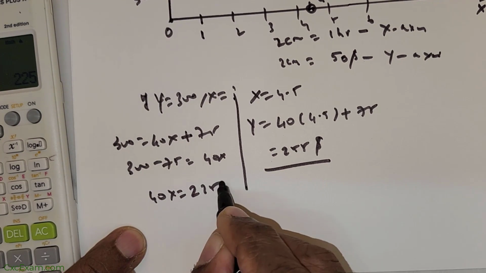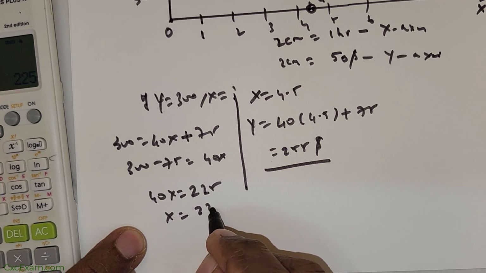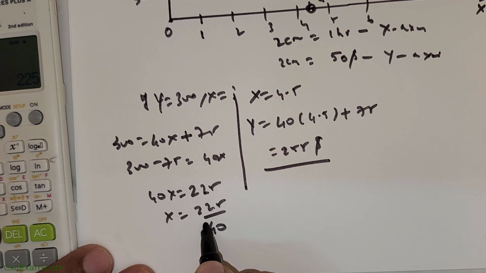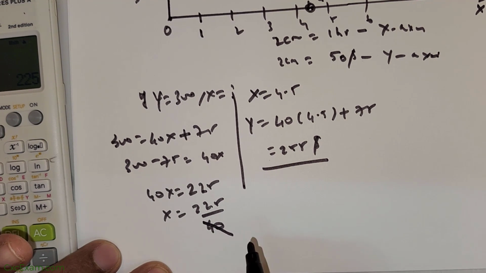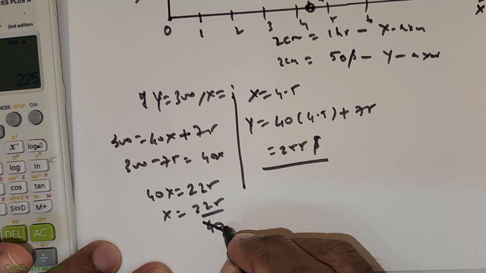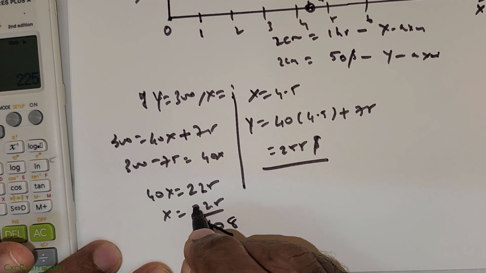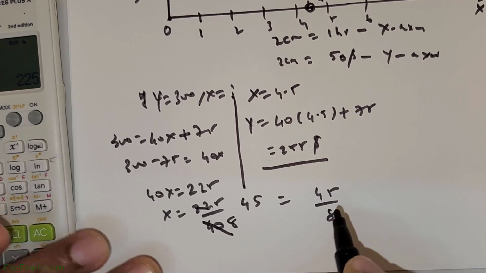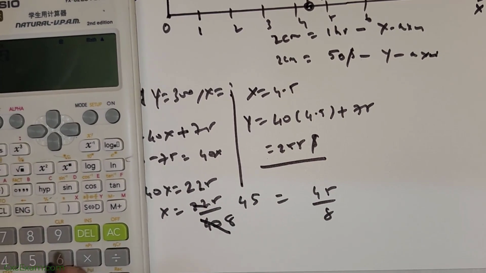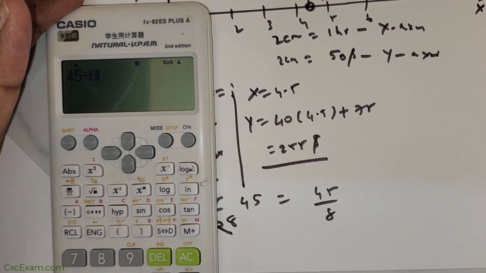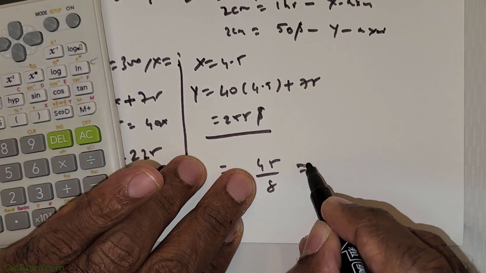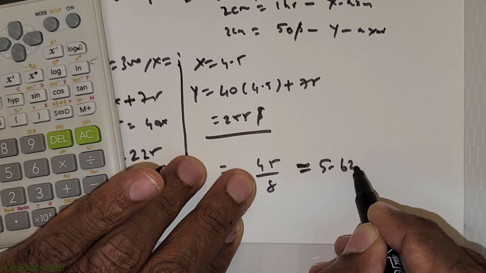So 40x is 225, and x is 225 divided by 40, which is 45 divided by 8. This is equal to 5.625.